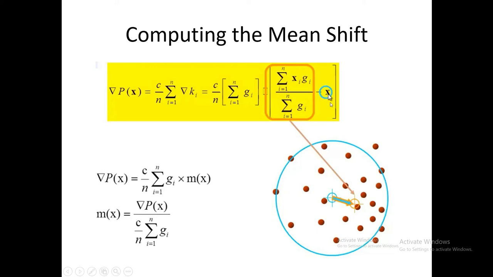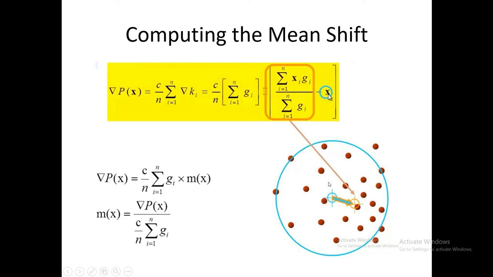Here we can see this color code gives us a very good example. This x is our initial estimate, and we find the new mean here, which is given by this orange square.